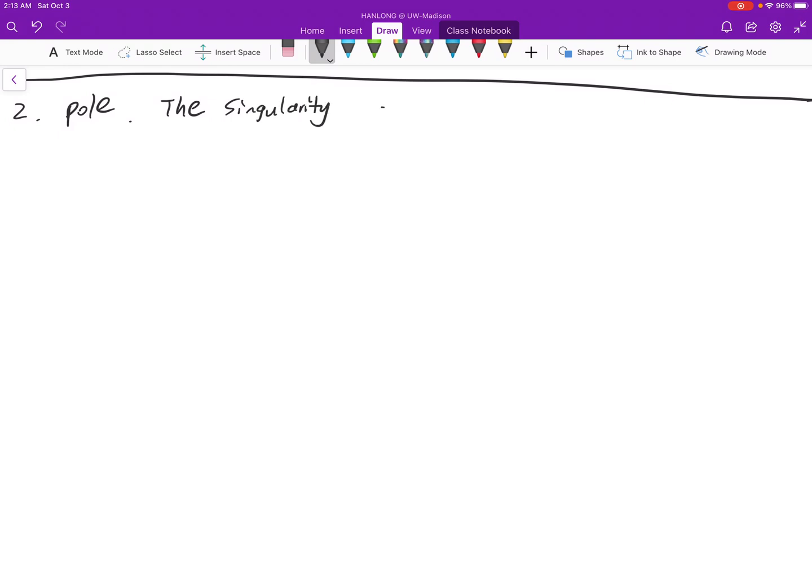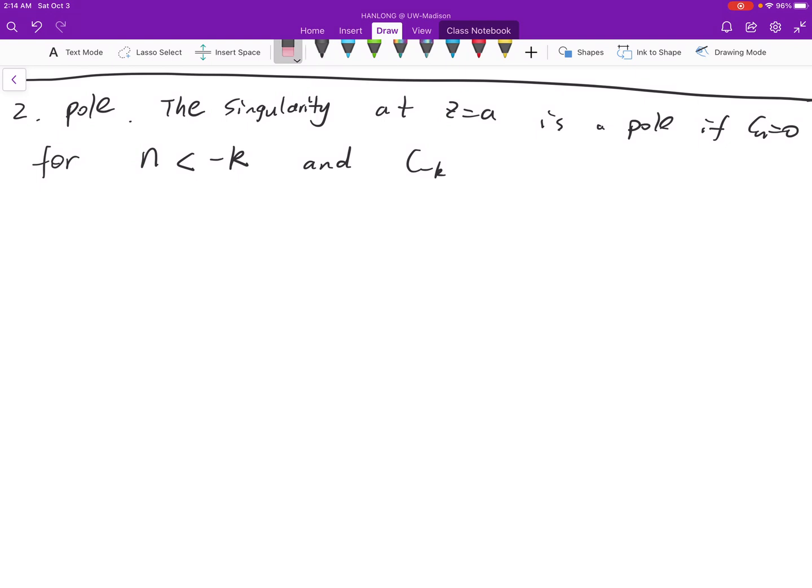The singularity at z equals a is a pole if C_n is 0 for n less than negative k and C_{-k} is different from 0, where k is a positive integer.